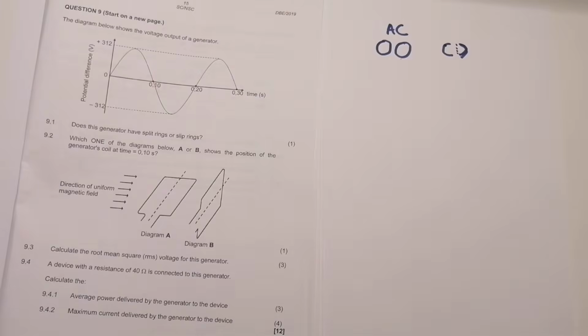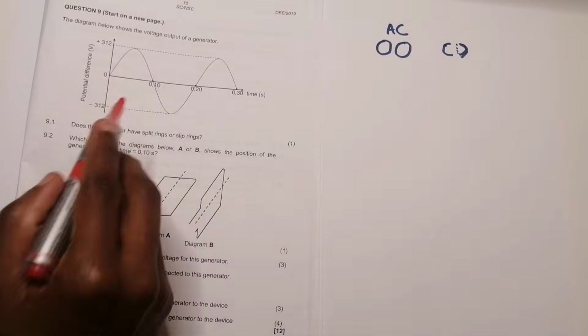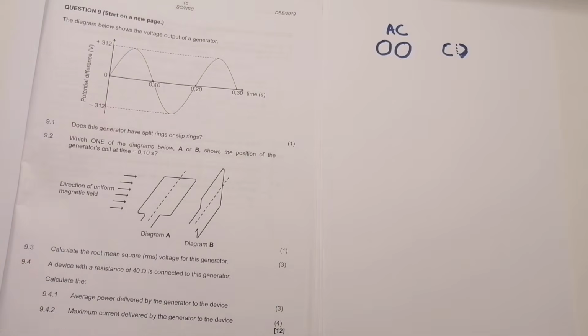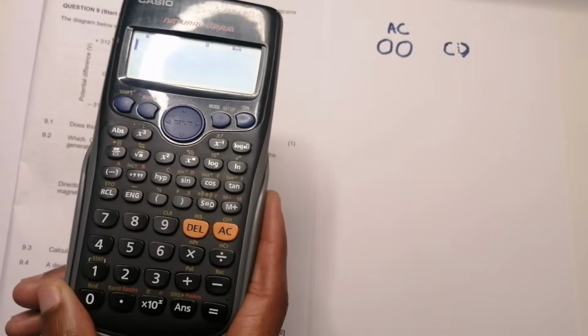They say, which one of the diagrams below, A or B, shows the position of the generator coil at time 0.10. So let's check on the graph. At 0.10, can you see that our value there is actually 0? Now ladies and gents, I don't want to go into the nitty-gritty details, but let me explain that very quickly.